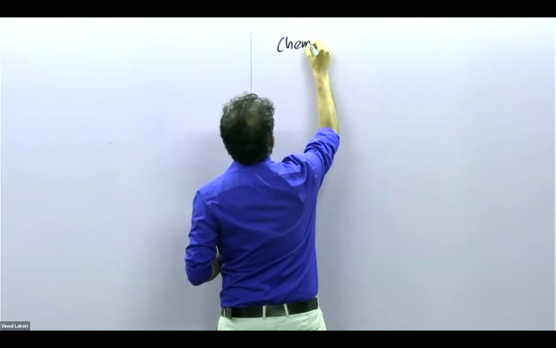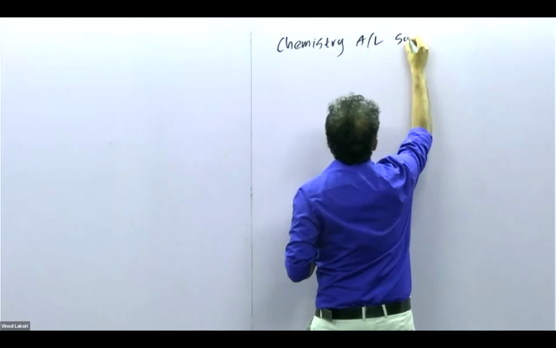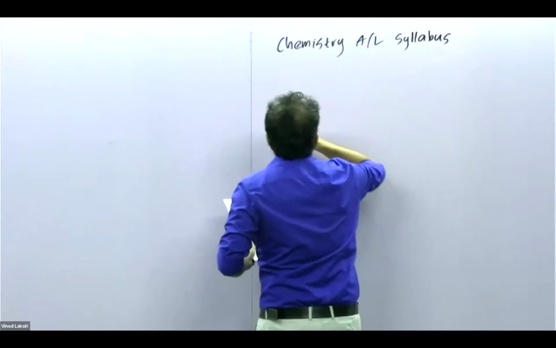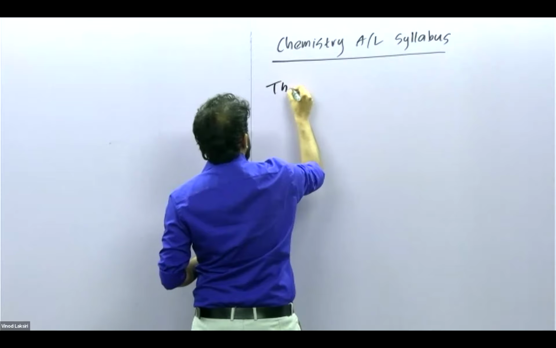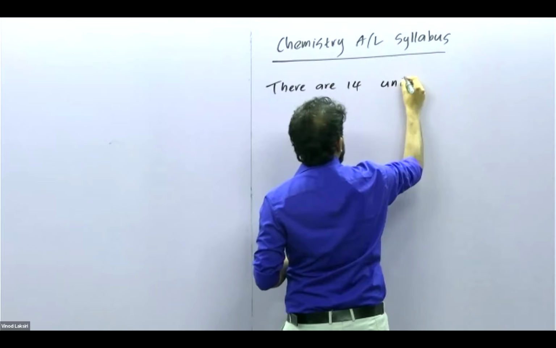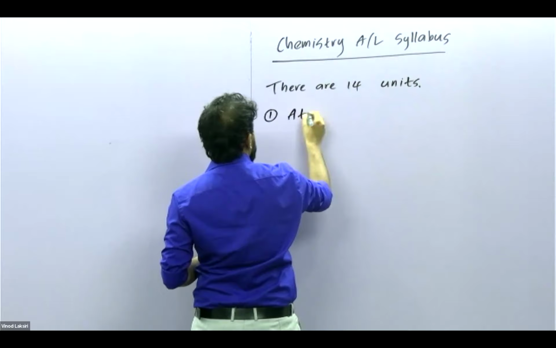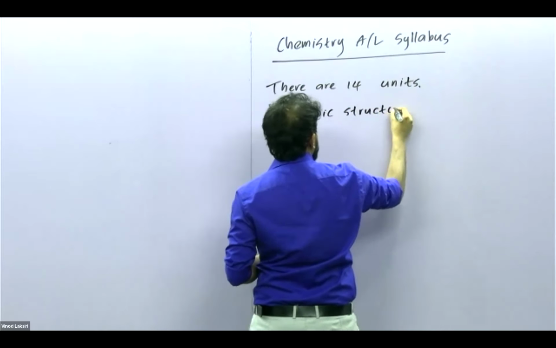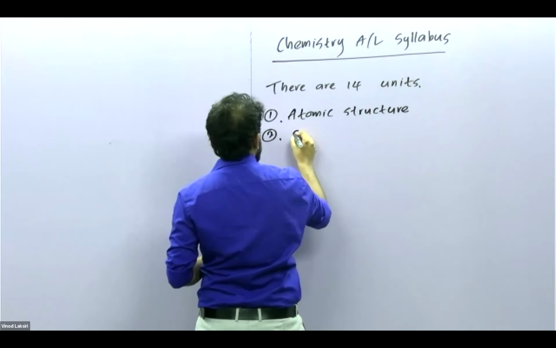Chemistry A-level syllabus. There are 14 units. What is the first unit? It is atomic structure. And the second unit, structure and bonding.